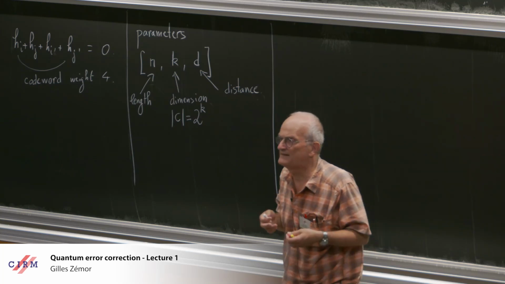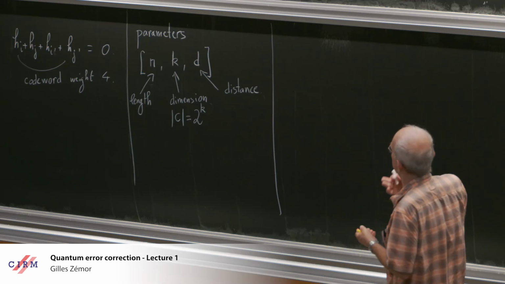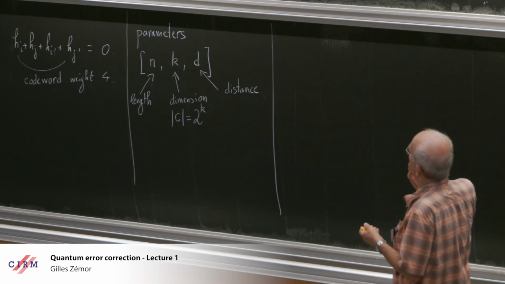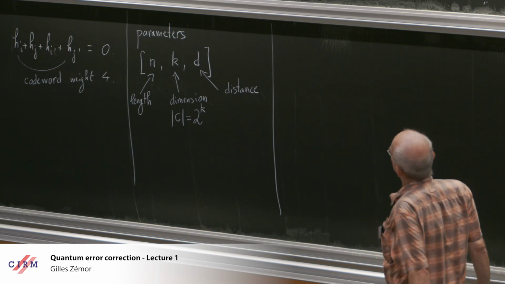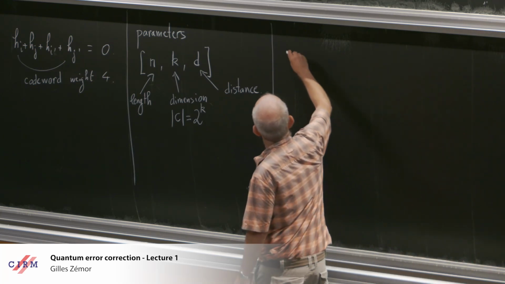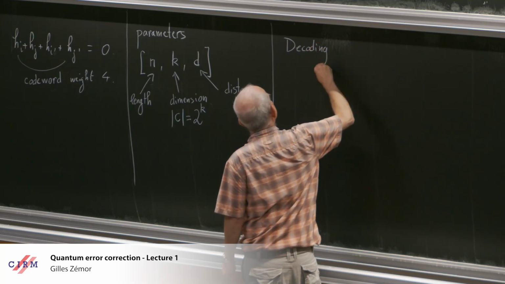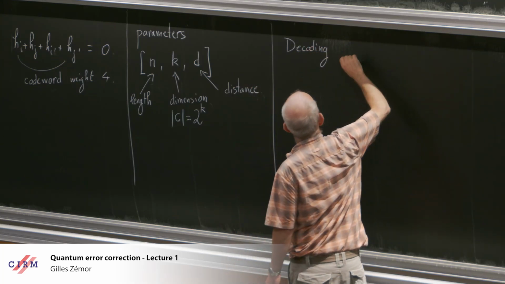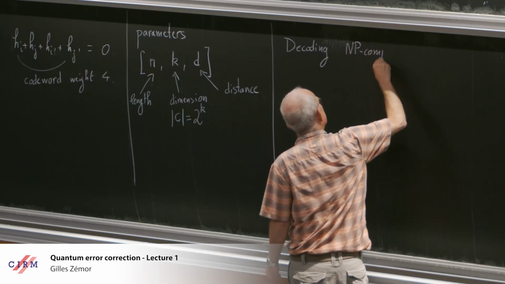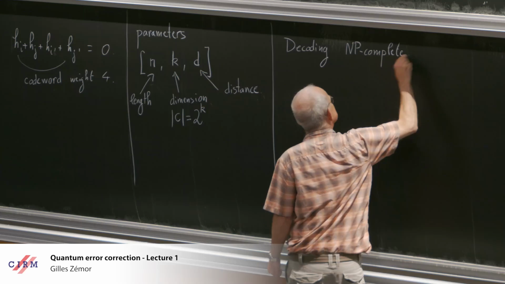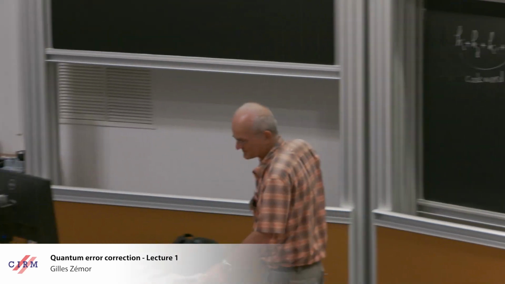And if n is, I don't know, 100, this is already not feasible. There's some generic ways of improving this, but they don't get you very far. The decoding problem, unfortunately, is NP complete. So it's unfortunate for people who want to correct errors.